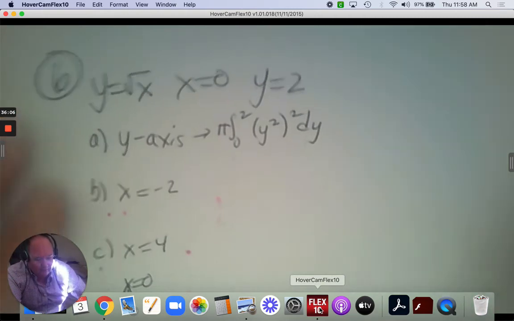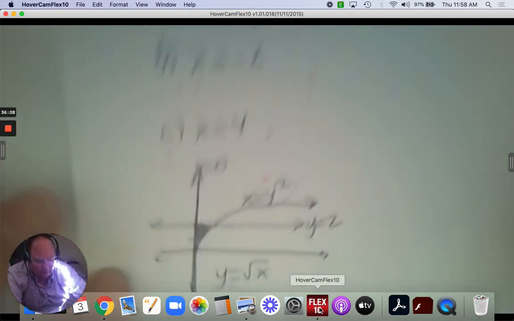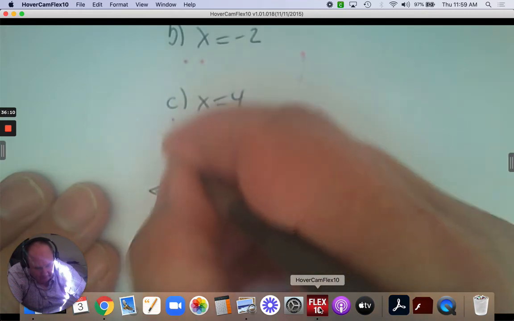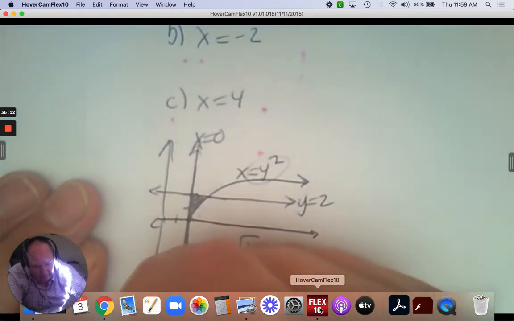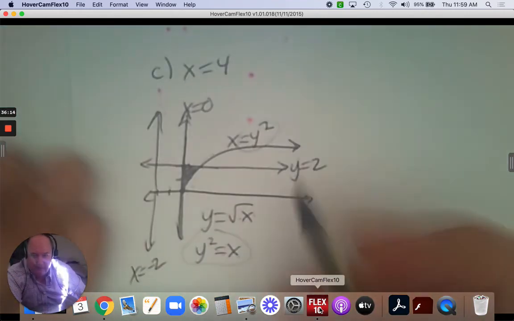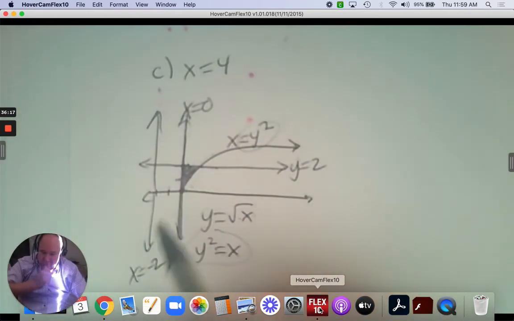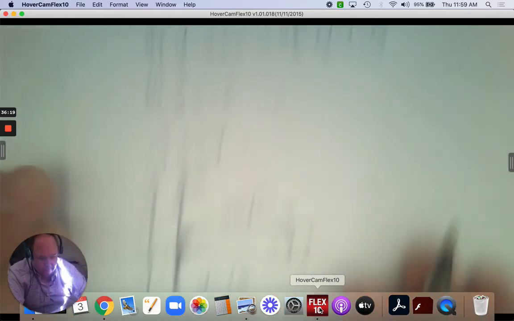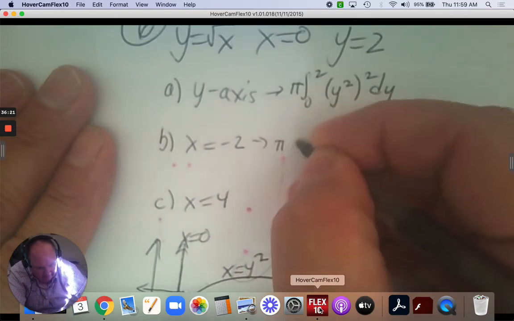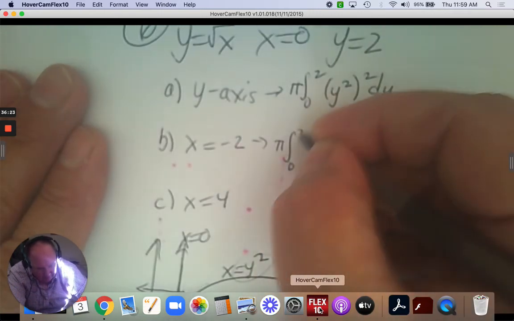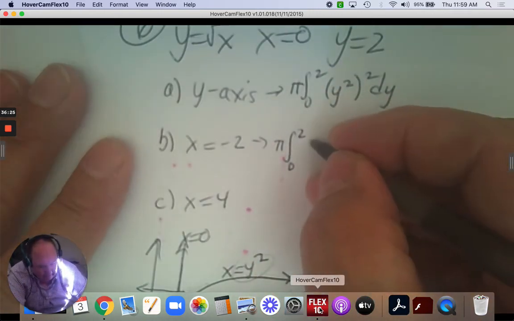All right, next one is x equals negative 2. Again, it doesn't need to be to scale, but what you need to recognize is that there's a space now between the area and what you're revolving around. It's going to involve two circles. So when I come here, it's going to be pi. It's still going from 0 to 2, but now we're going to have two radii.